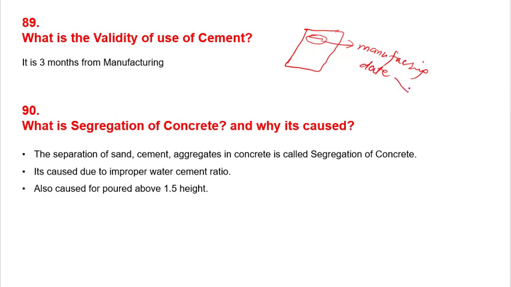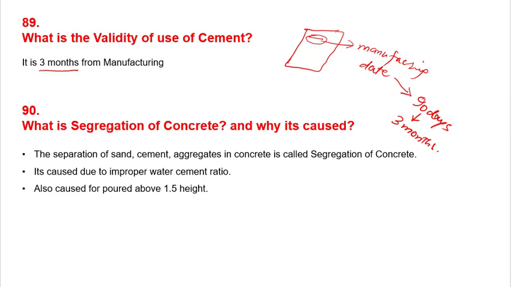After this date, the cement bag is valid for 90 days, which means 3 months. You can use the cement bag up to 90 days after the date of manufacturing. You need to remember this point.